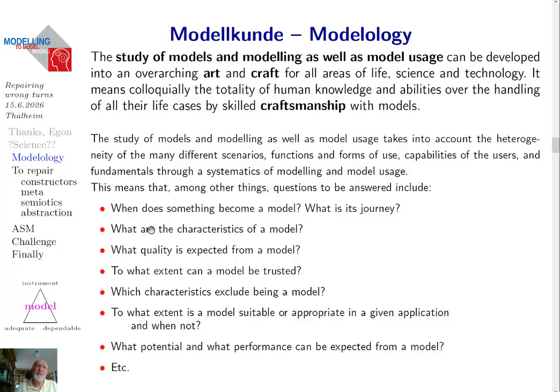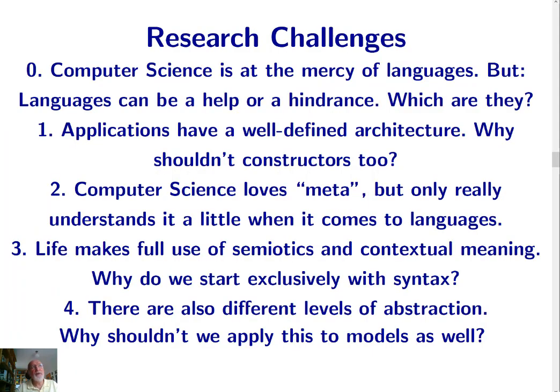We have to answer a number of questions: when something becomes a model, when something is never a model, what is a journey, at what time the model is useful, at what time the model should not be considered anymore, what are the characteristics, what is expected from a model, to what extent the model can be trusted, which characteristics are excluded. That means we have to have a general subdiscipline of computer science that handles modeling. So we have a number of research challenges.